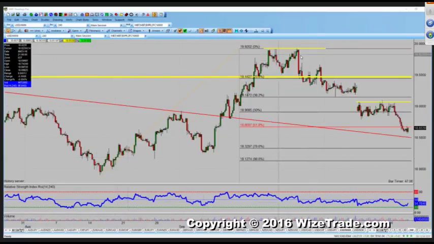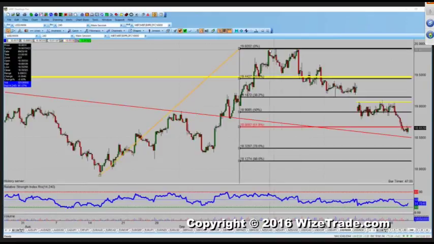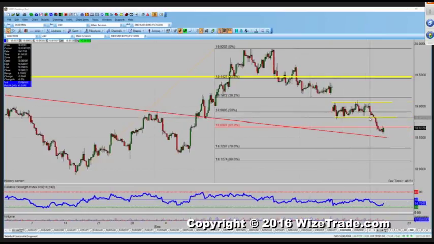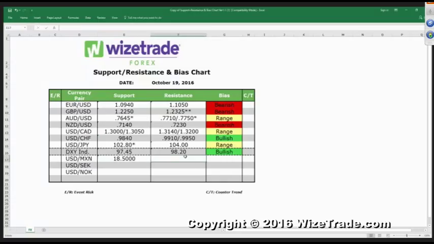Resistance, we're back at 1880, 1880 will be resistance for today.